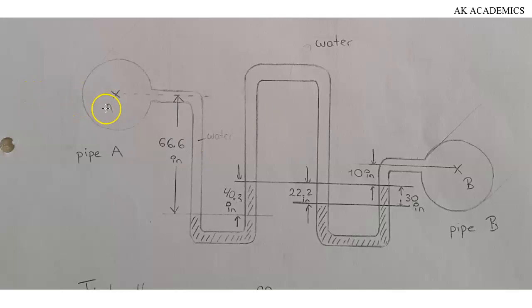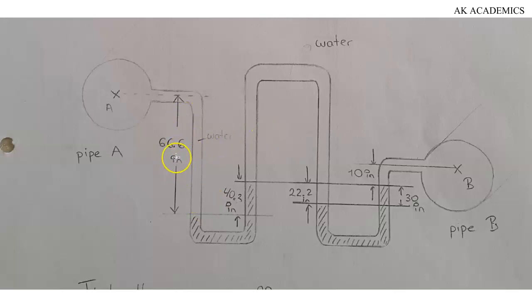You can see we have a pipe A, and from this pipe here, right to this particular level, we have a height of 66.6 inches. And then we have water right in this manometer. This water is flowing downwards, so you know this is going to be positive, and it has a height of 66.6 inches.